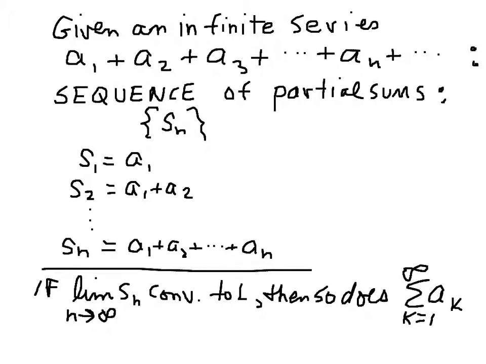So what we're doing here is we're relating an infinite sequence with an infinite series. And one of the ways that we can try to decide whether an infinite series converges is by looking at the sequence of partial sums and asking whether it converges. Now, if this doesn't converge, if this diverges, well then so does the infinite series.